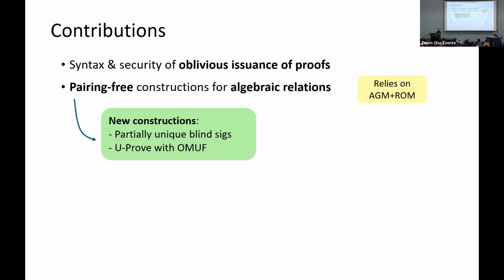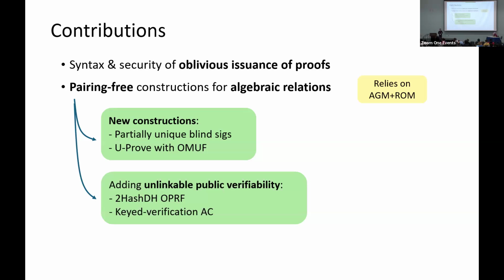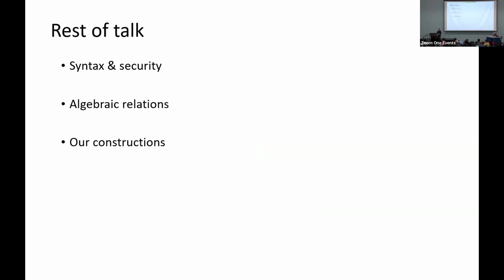The first is that we give new constructions of blind signatures and anonymous credentials. Another is that they can be used to add unlinkable public verification to several existing systems. For the rest of the talk, we will first go through the syntax and security, then introduce the algebraic relation, and finally give an overview of our constructions.